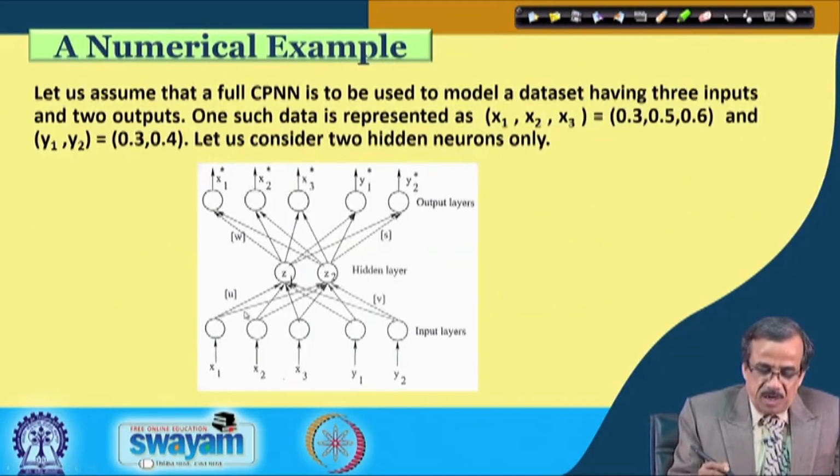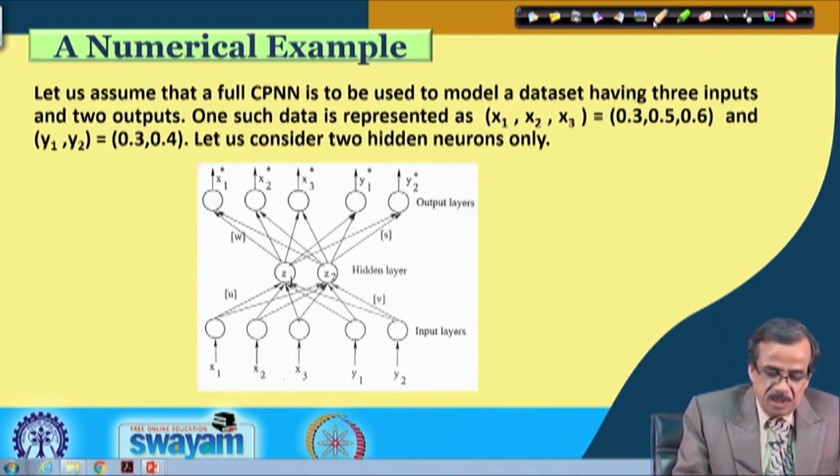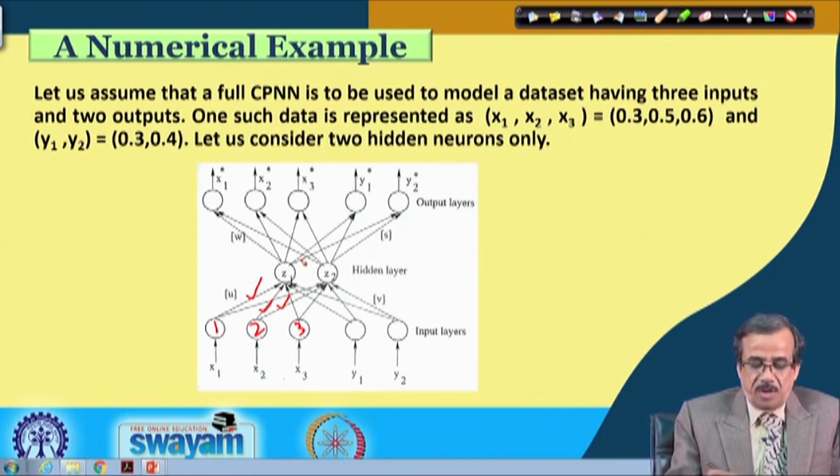Now, let us see the connecting weights between this particular neuron. Let me just put some numbers here, then it will be easy. So, let me consider say 1 here, 2 here, 3 here. So, this is u11. This connecting weight is u11, then this is u21, then this is u22 and so on.